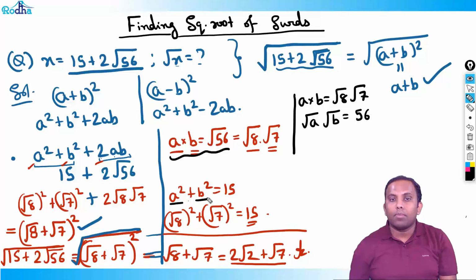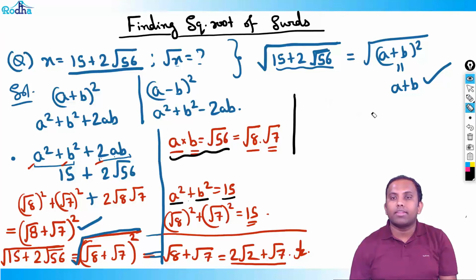If a square plus b square is equal to 15, I want to think like this directly: if a into b is root 56, I could directly think like a into b is equal to 56. Think like a into b is 56 and a square plus b square equal to 15. Think like a plus b equal to 15.